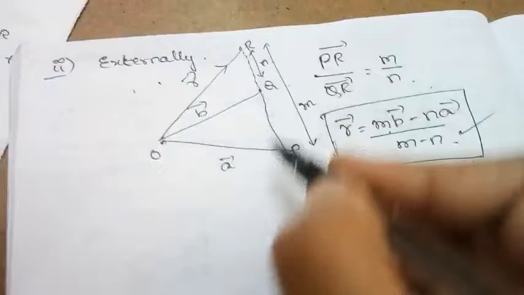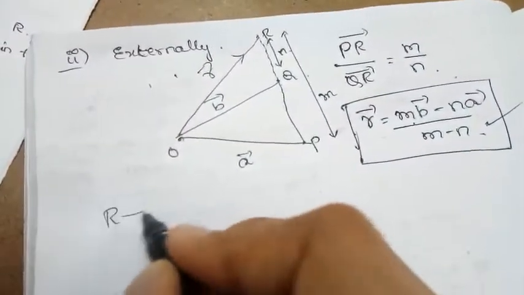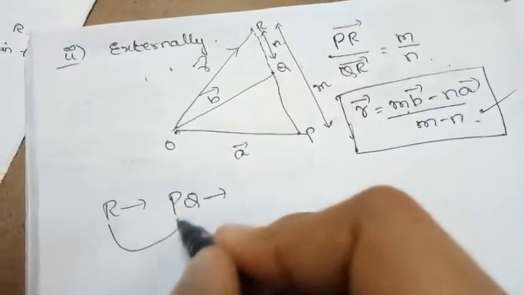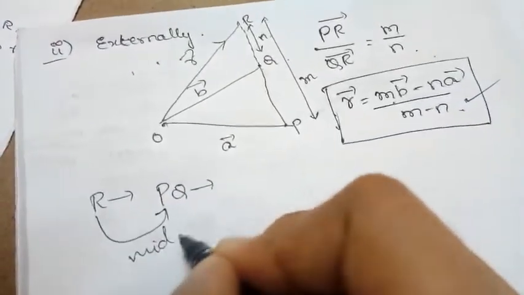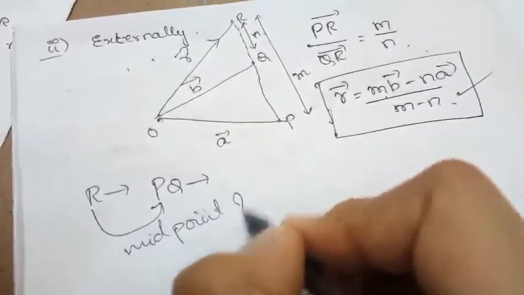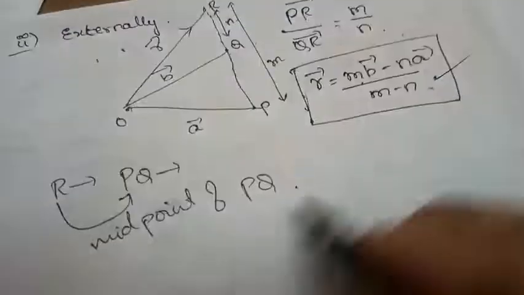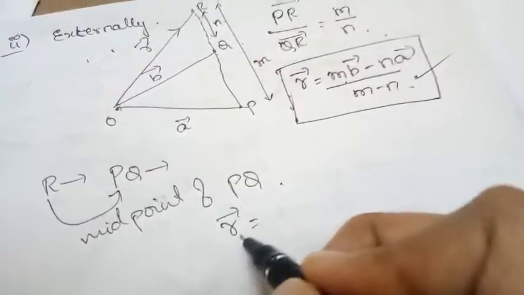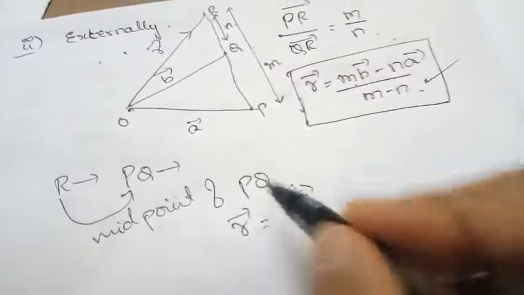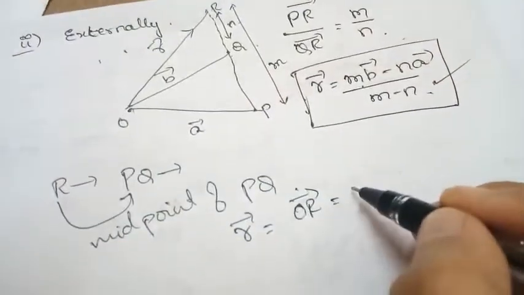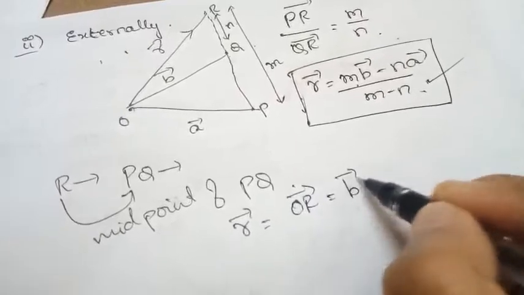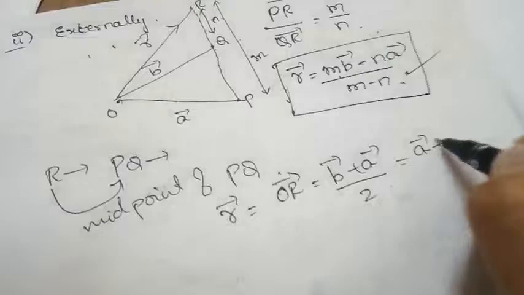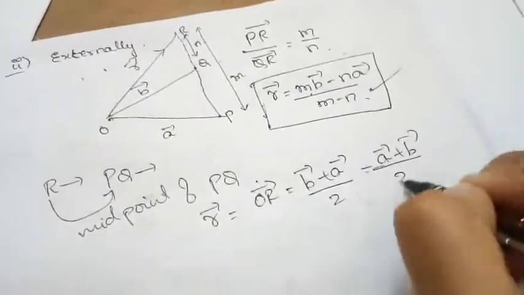Suppose point R divides the line segment PQ such that R lies at the midpoint of PQ. Then the position vector OR is nothing but vector B plus vector A divided by 2, that is, vector A plus vector B divided by 2.